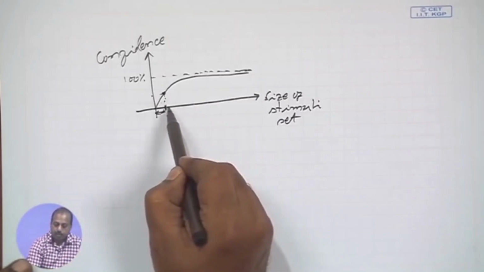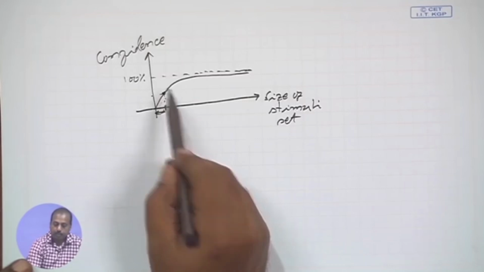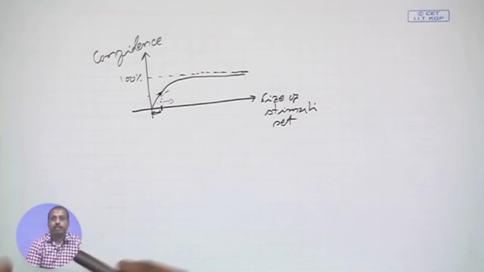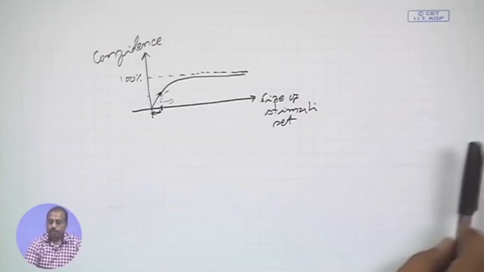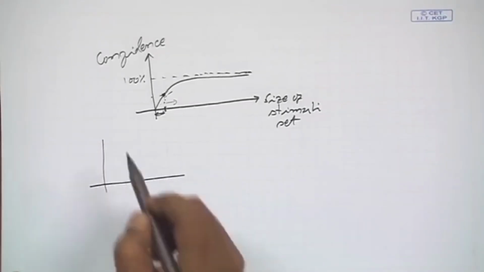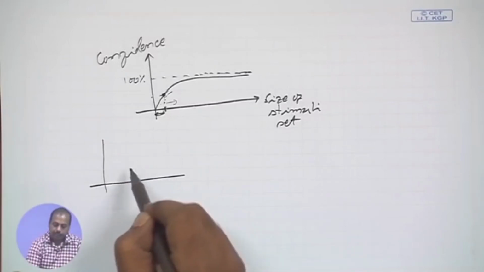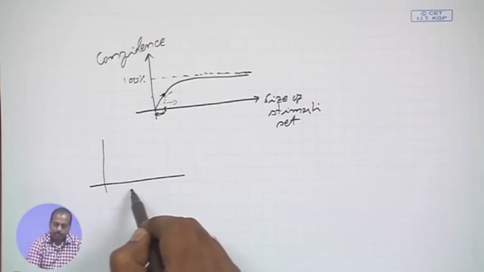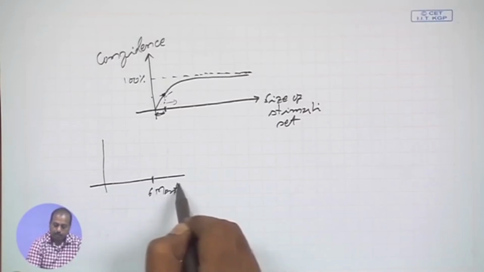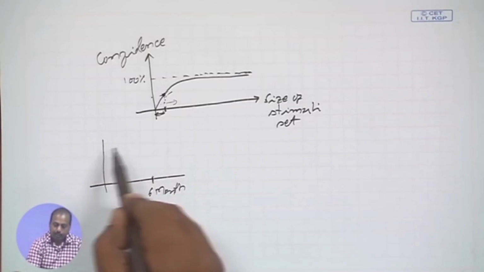Now, as you try to get more and more confidence, you have to spend more time applying these test patterns and analyzing the responses. Accordingly, the cost of the system goes up. If I have planned for producing some system, and the product can come within say 6 months, maybe my profit will be very high.